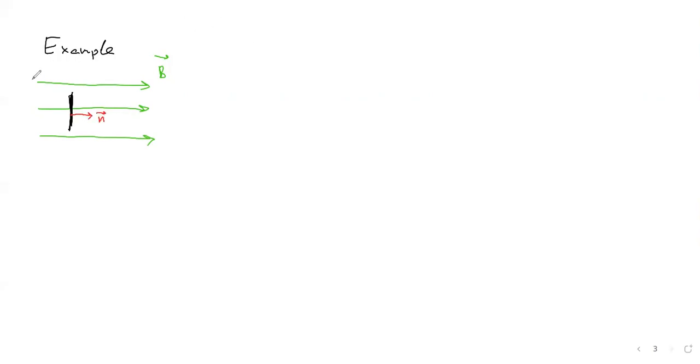So I can draw maybe what's called side view from this. Side view means, let's say I'm going to look at this situation from this direction. Then magnetic field will be coming towards me like this. So this would be the magnetic field.